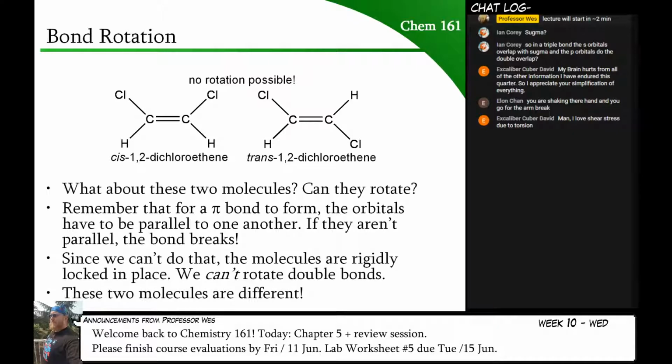And you may have heard these words before, cis and trans. I mean, it's Pride Month, right? So we got to talk about that. All cis means is that these are on the same side. Trans means they're on different sides. And when we get to naming in organic chemistry, we're going to apply the names cis and trans for, okay, what are the important atoms on here?